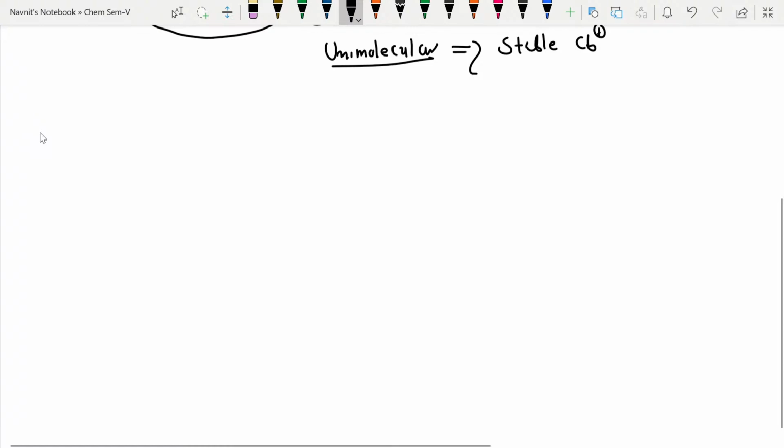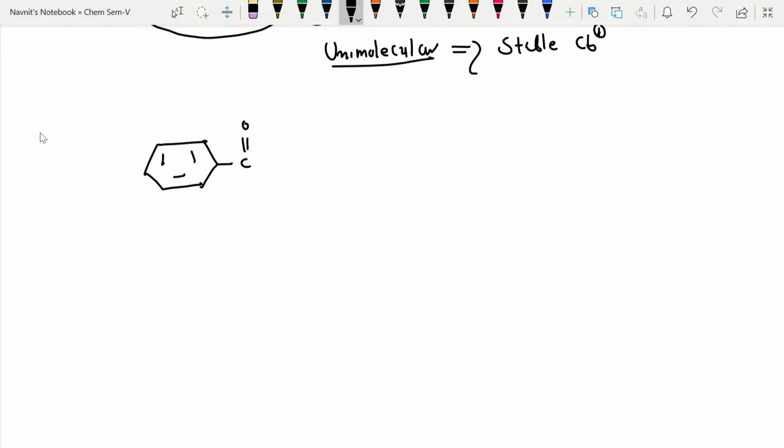So when I use sterically hindered acids like 2,4,6 trimethyl benzoic acid, this is a sterically hindered benzoic acid. And this is known as 2,4,6 trimethyl benzoic acid.